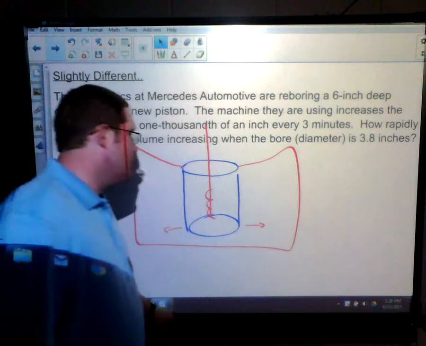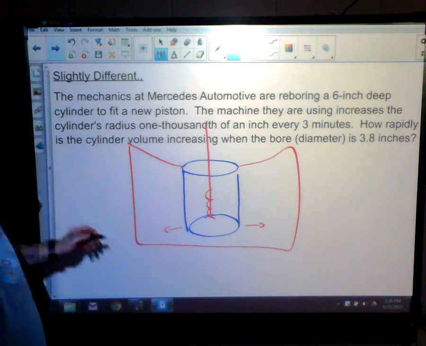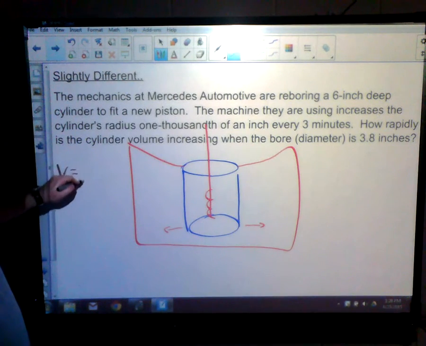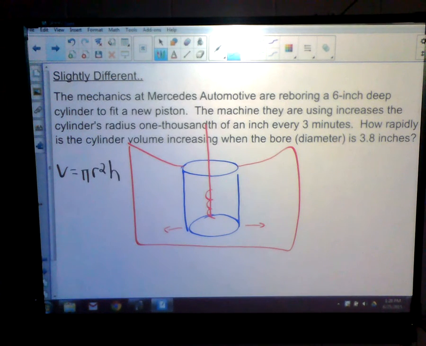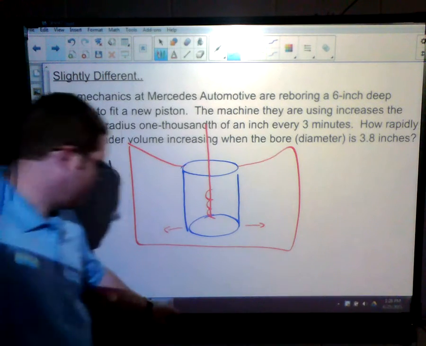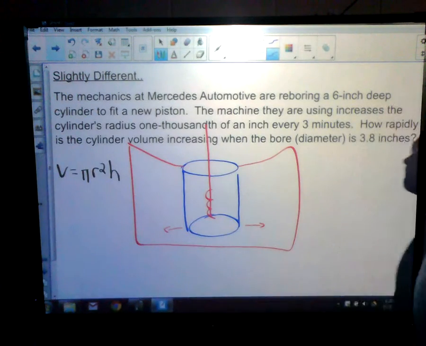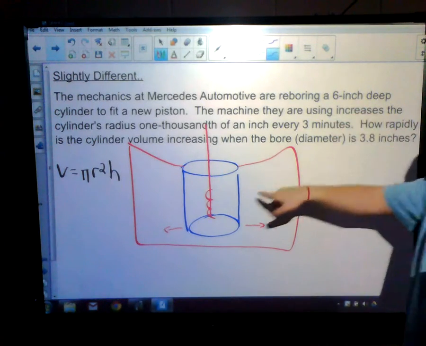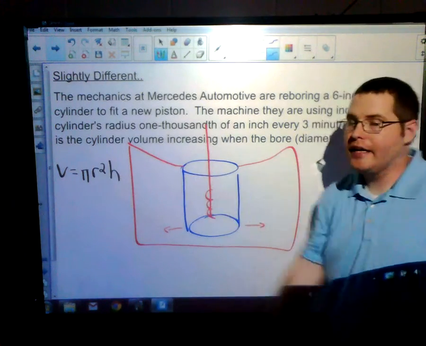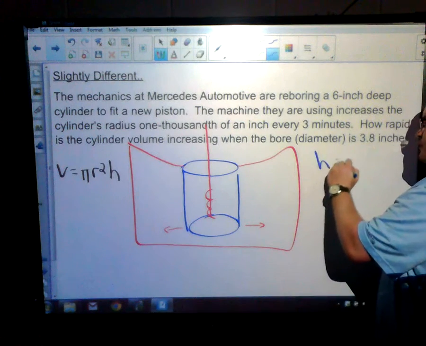Well, the first thing I'm going to need to know is the volume of a cylinder. And for those of you that remember it, it's pi r squared h. Now let's figure out the things that we know. Well, we know that it is 6 inches deep. In this case, depth is height, so I know that h is 6 inches.